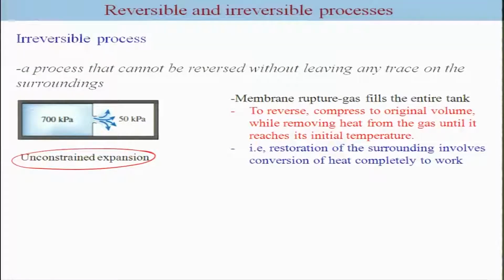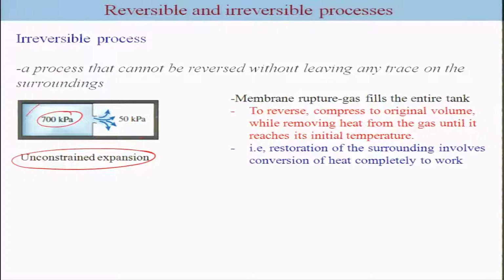You have a container containing gas at very high pressure, separated from a low pressure subsystem by a membrane which gets ruptured, and upon rupture the gas flows from this part to this part and fills the entire volume.